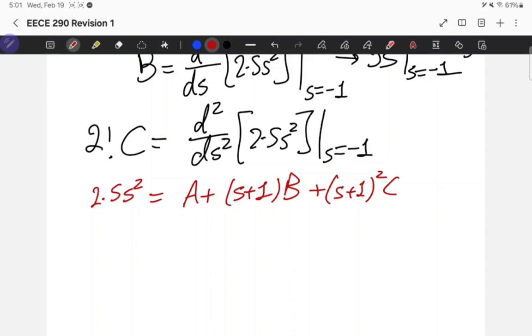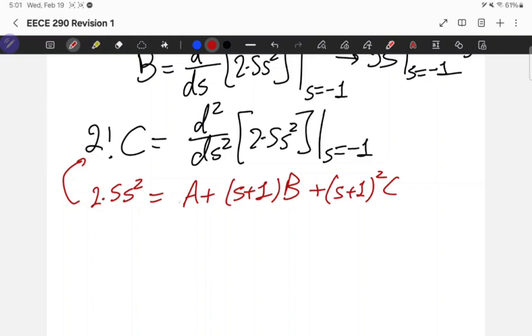Now what I do here is that if I put s equal minus 1, this will cancel, I get a directly as 2.5. This is how the cover-up method works, and we need to explain this to explain why we got this 2 factorial in here.